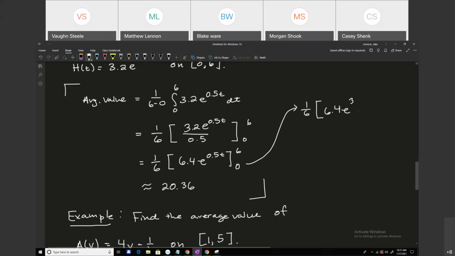So we just get e cubed minus 6.4 because e to the 0 is 1. So this is essentially what we're doing. So 6.4 e to the third minus 6.4 is 122 something divided by 6. And yeah, I get exactly 20.36.